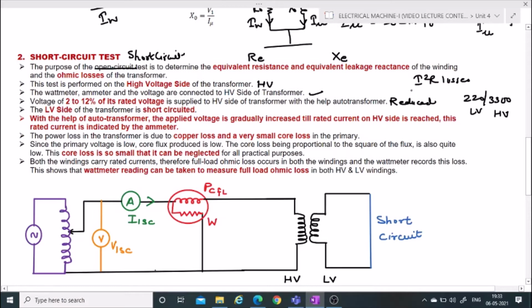So here we are giving a reduced voltage input, and the value of this reduced voltage lies between 2 to 12% of its rated voltage.